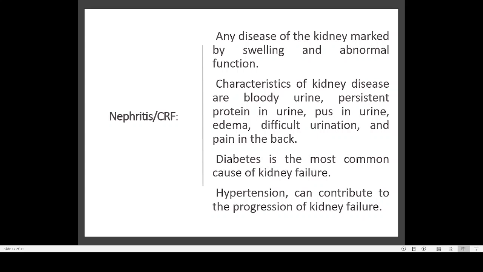Because of higher blood pressure, these small tubules get damaged, and the kidney may not be able to function properly. That is what is happening in the case of nephritis. There is damage to the nephron, and the kidney may not be able to do its normal function. That situation is known as kidney failure.